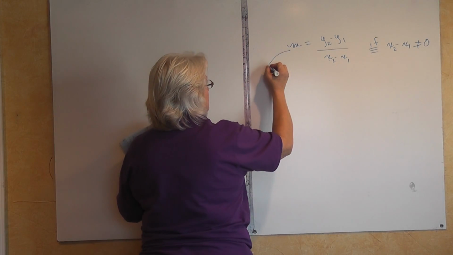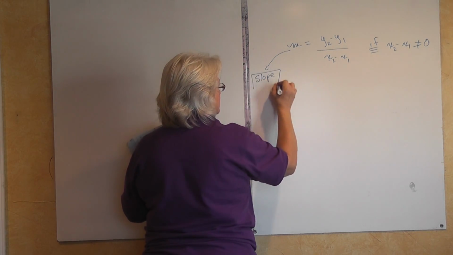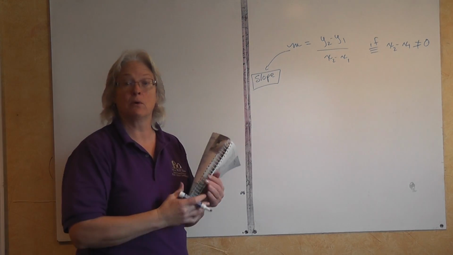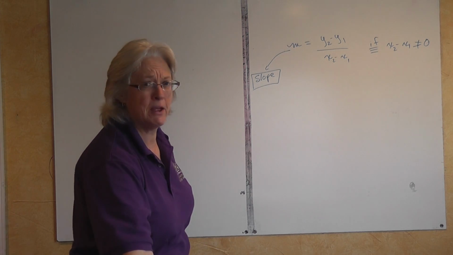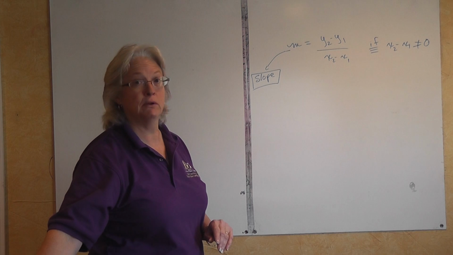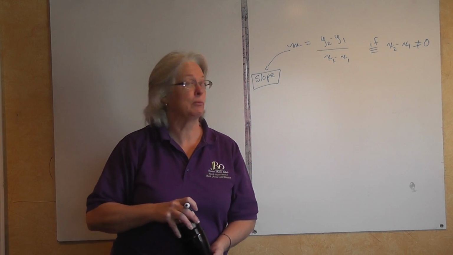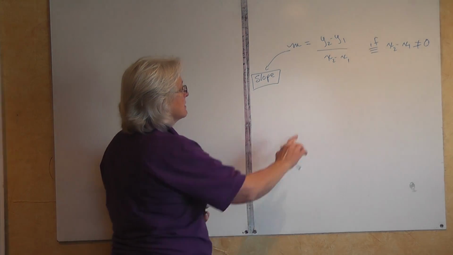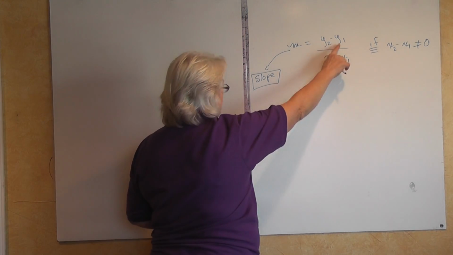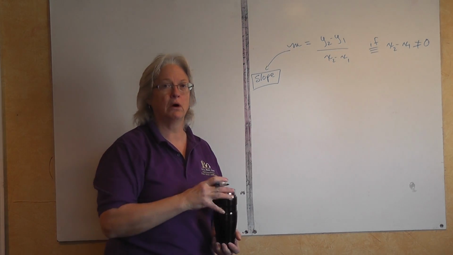M is always going to represent slope. When we're talking about equations of a line, slope is always going to be m. Why they picked m? Not really sure. I think it goes back to a Latin word. I can't pull that from my memory right now. I read this as y sub 2, y sub 1, x sub 2, and x sub 1.